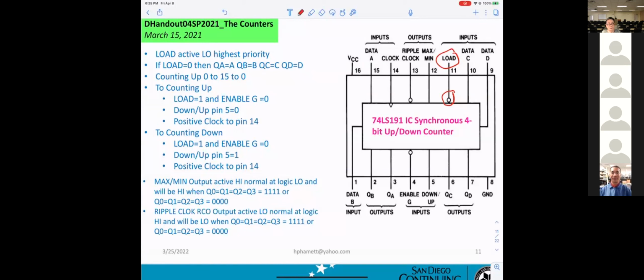Counting up, load equals 1. Okay, enable G, that's okay, equals 0. Now up pin number 5. Where is pin number 5? Right here.